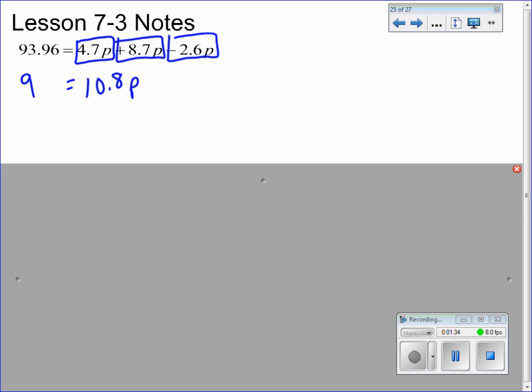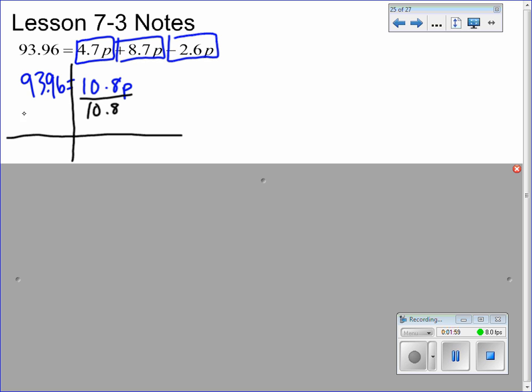So I'm going to bring everything else straight down. Now, once I've combined that, if you look, we actually ended up getting a one-step equation in the end. We have 10.8 times p. Rewrite that a little bit neater. Since we have 10.8 times p, to get rid of it, we're going to have to divide, because the goal is still the same.